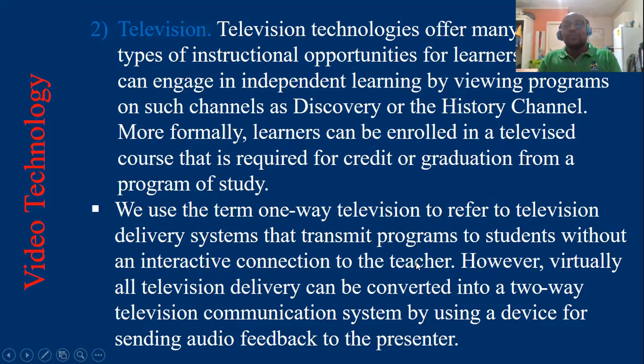Because in most cases, when students watch television, it's a one-way thing. They are not able to ask questions directly of the person who is presenting, unless they jot down the question and then ask the teacher after the class. However, virtually all television delivery can be converted into a two-way television communication system by the use of a device for sending audio feedback to the presenter.